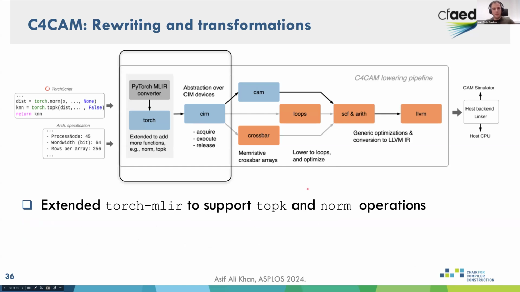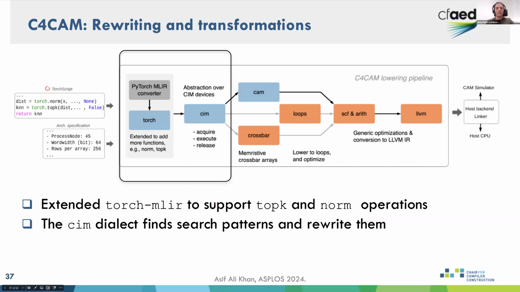Right, so going a little bit deeper into how it is implemented, we use Torch MLIR, and to support, for instance, KNN, we had to include more operations like the top K and the norm operations into the Torch MLIR dialect. And in the same dialect, we had to implement the search patterns for similarity search, so that this dialect can search and rewrite these patterns.